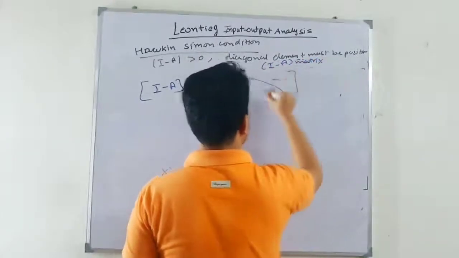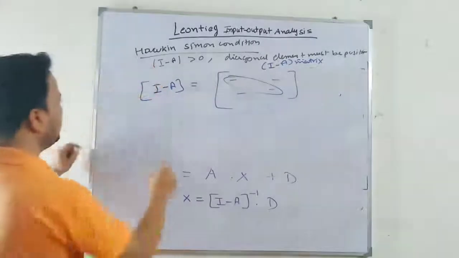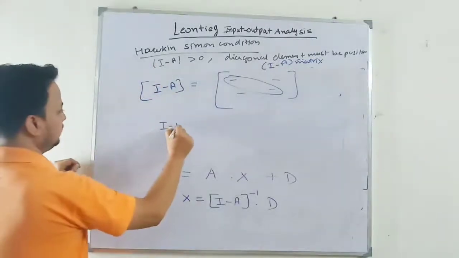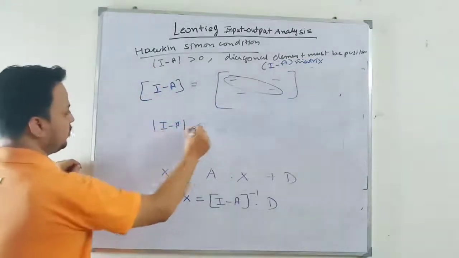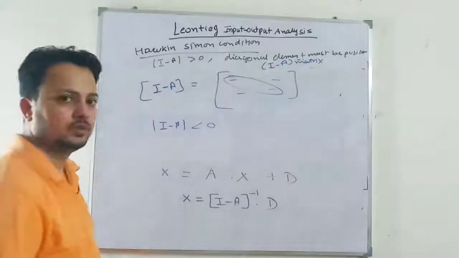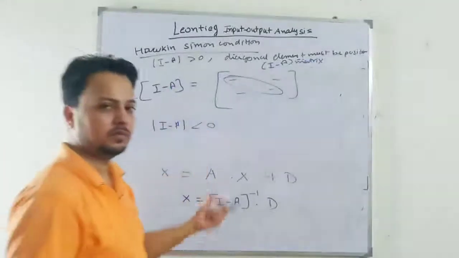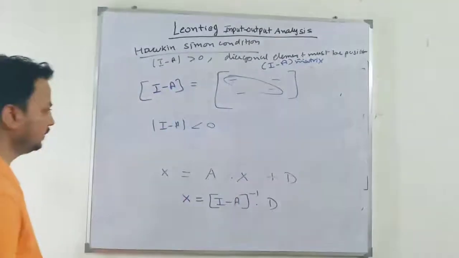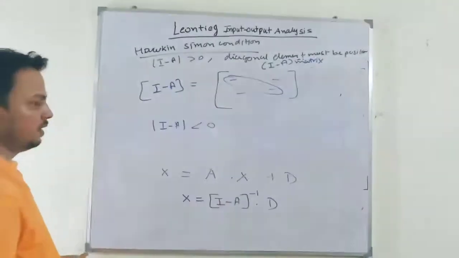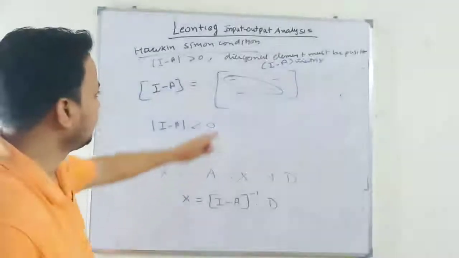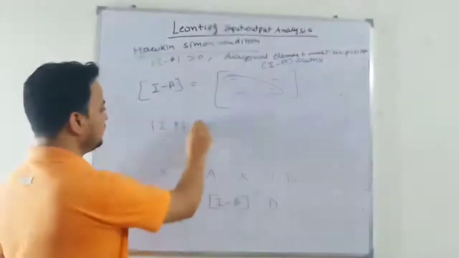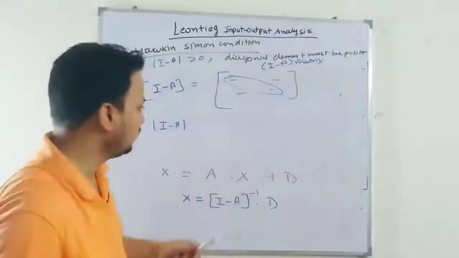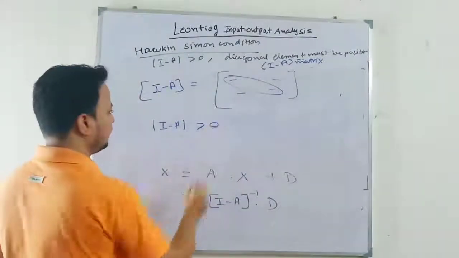If this is positive, then I will take out the determinant of this matrix I minus A. Like in the previous example, it came out to be negative. So it is not guaranteed in that previous example that we will have a feasible solution for the system we have taken. So we will check the Hawkins-Simon condition. Suppose this is satisfied. In the previous example, this is not satisfied. In the example before that, this is positive.